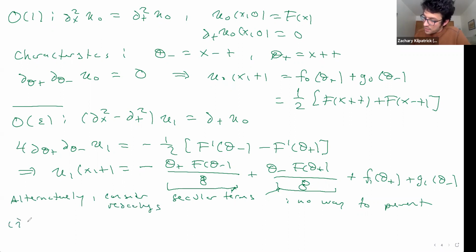For instance, one of these could be T1 equals T, T2 equals epsilon T, X1 equals X, X2 equals epsilon X. Another of these could operate off of the characteristics though.